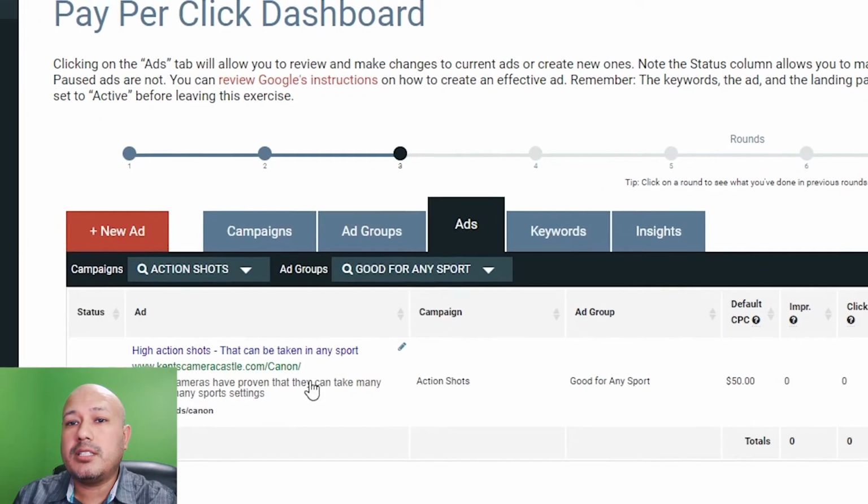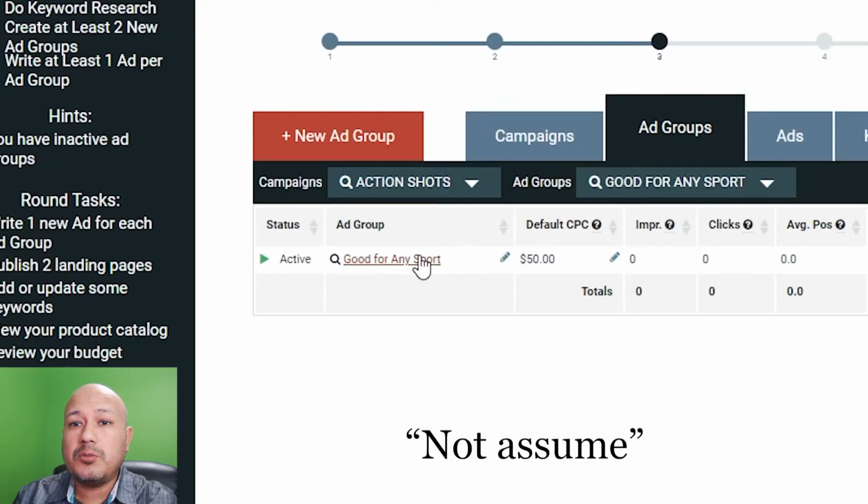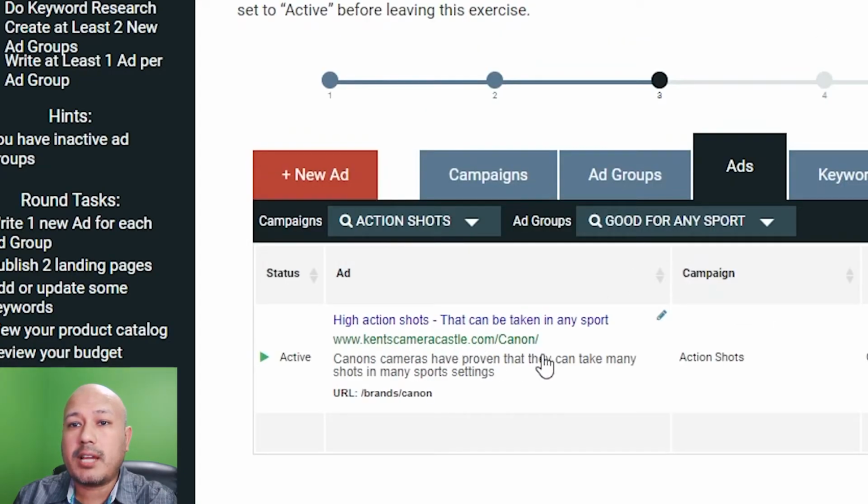So let's take a look at this particular campaign. It says high action shots that can be taken in any sports, and so Canon cameras. So I would assume that this particular ad group is for Canon cameras, right?